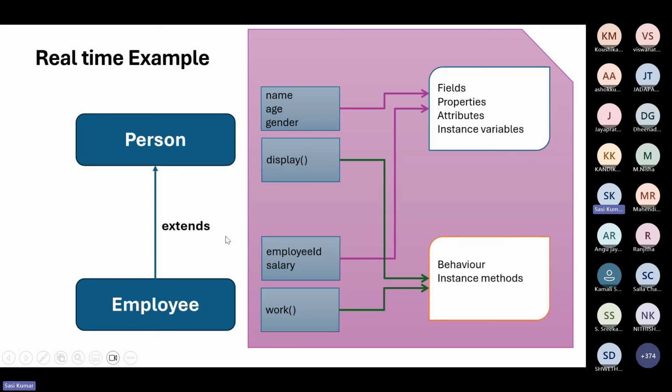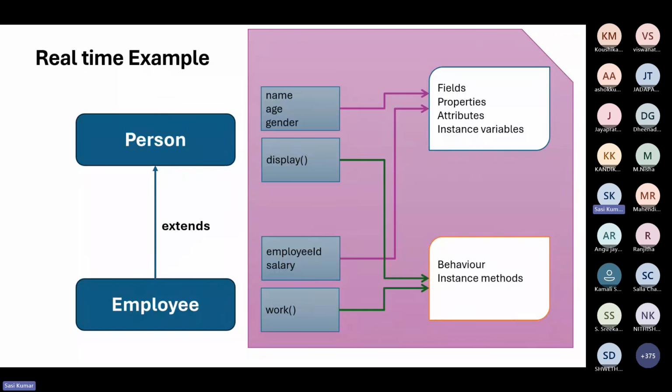Employee class can make use of name, age, gender and display method, because all are available inside employee class, correct? So the person is called parent class, super class, base class, whereas employee class is called child class, subclass or derived class.